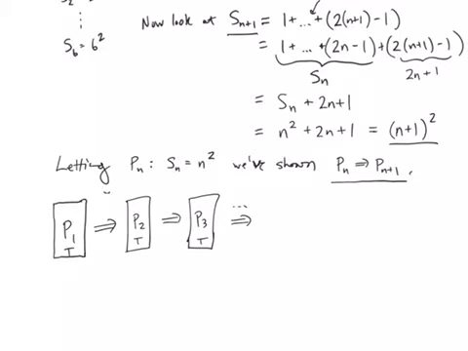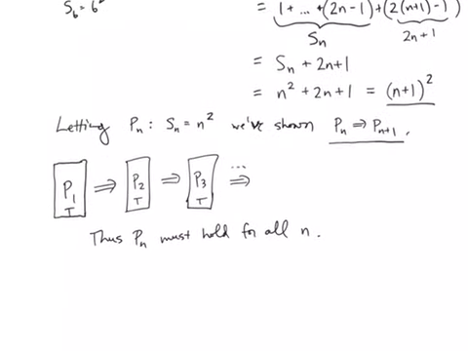So the fact that we established P_1 to be true and established the conditional that if P_n is true, then P_{n+1} is true, is enough to show that P_n must hold for all n. And the book has a great visual for this.